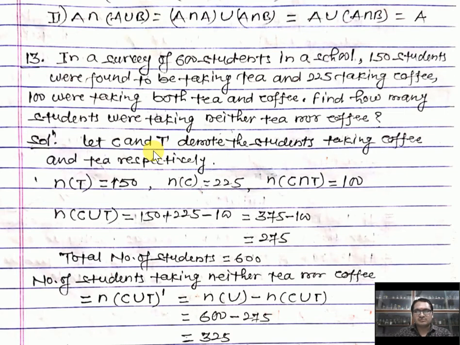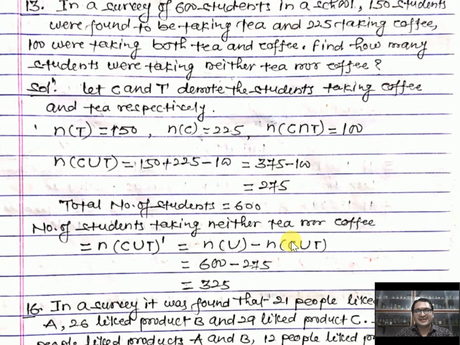Number taking tea is 150, coffee is 225, and both coffee and tea, the common, is 100. First we need to find the union. Applying the formula, C union T will be equal to 275.